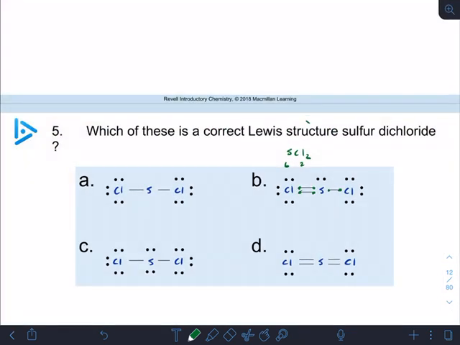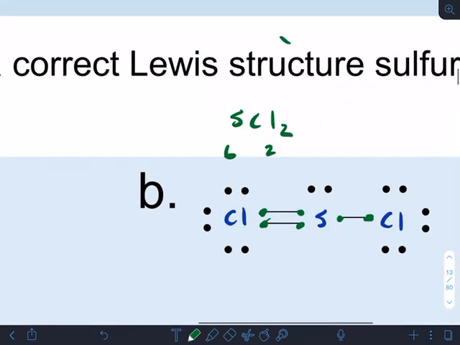So sulfur dichloride, SCl2: sulfur has 6, 2 times 7 for the chlorines. 14 plus 6 means that there should be 20 electrons in this drawing.